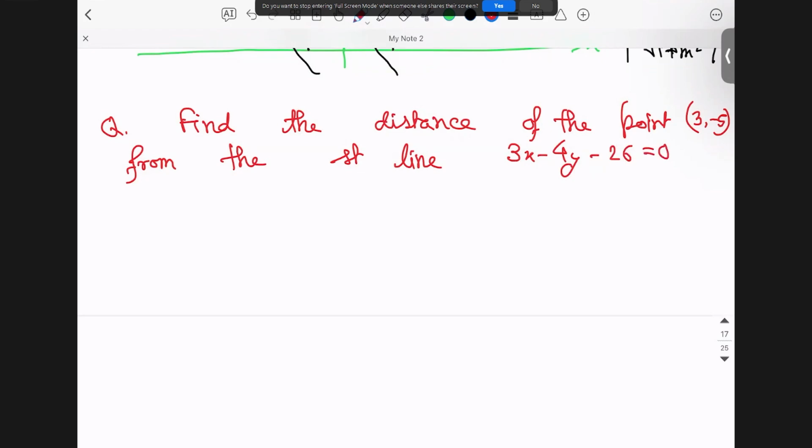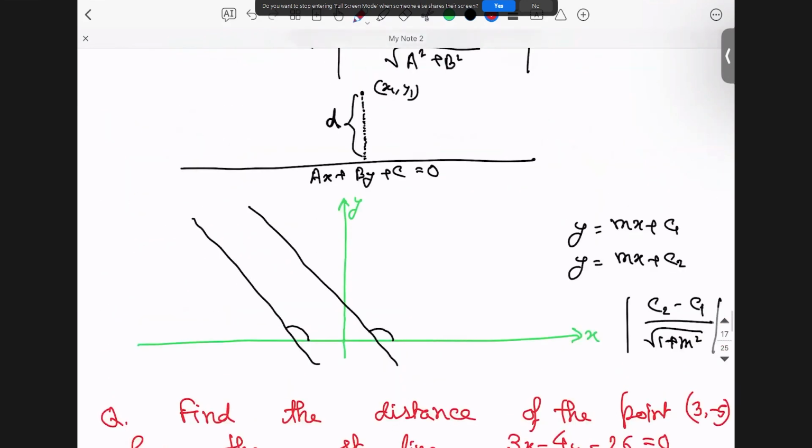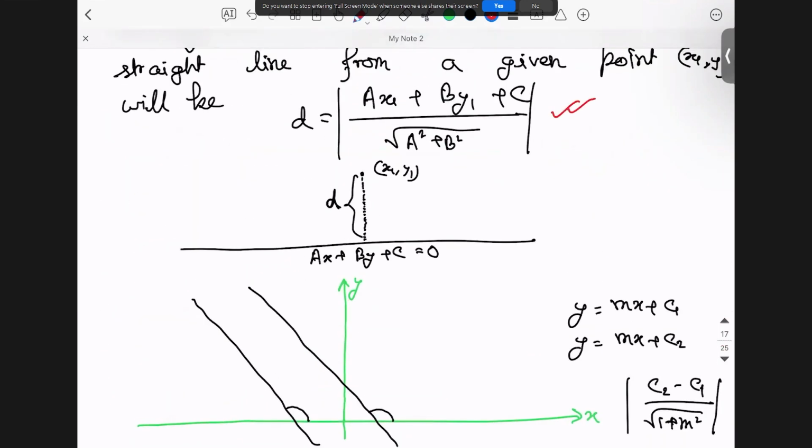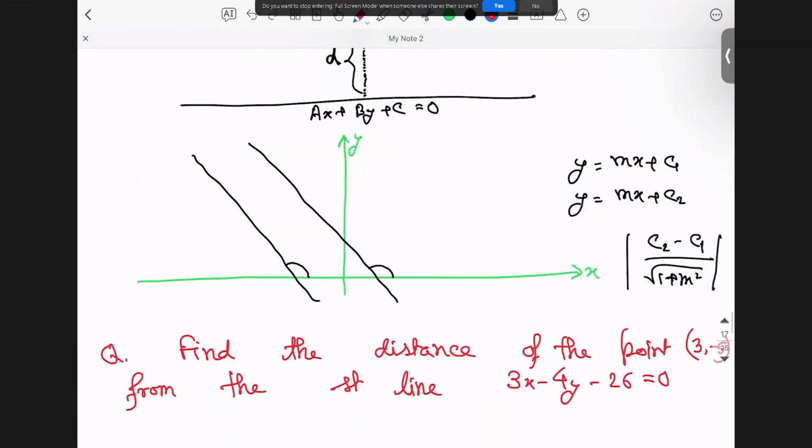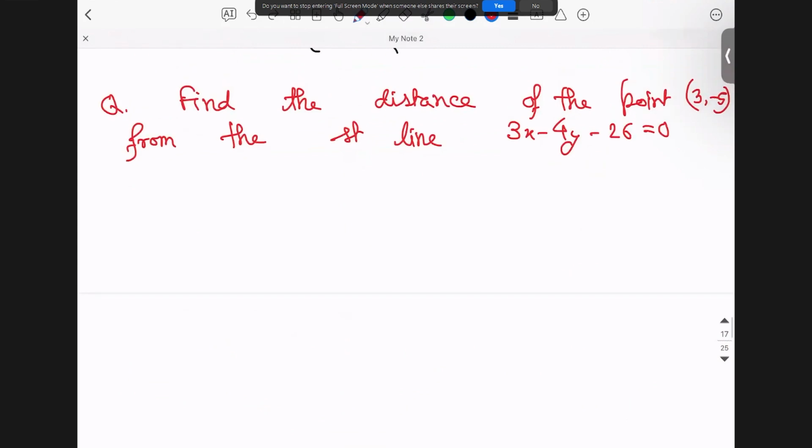So what we need to do? We need to use the formula we have formulated here, right? Because the equation of the straight line is given and the point is also given. So we just need to find the distance of this point from this straight line.